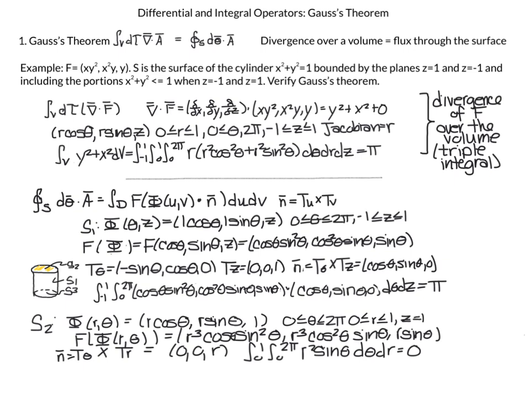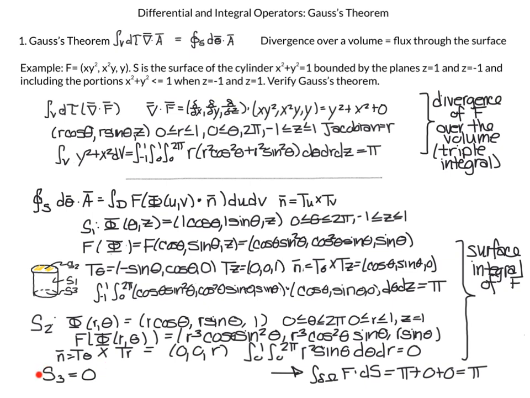So r is going between 0 and 1, theta is going between 0 and 2 pi, and then I dot my n with my field composed with my parameterization, but I get 0, 0, and I have an r squared sine theta. When I do this integral, I get 0.